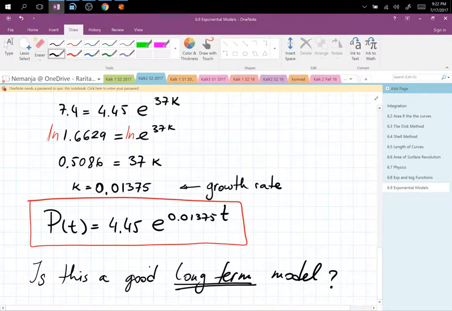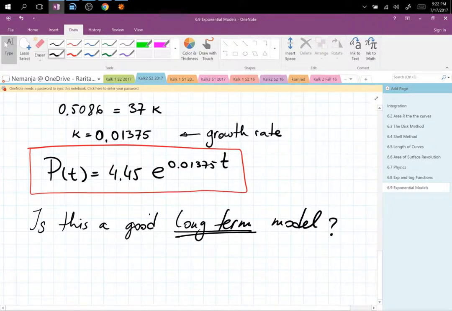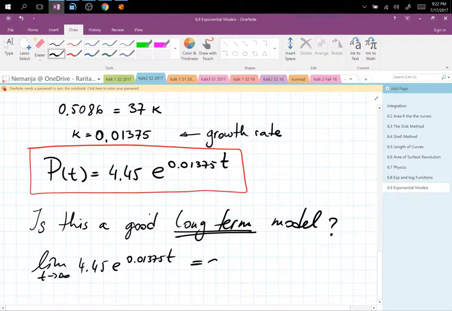And the answer to that is hell no. Because the limit, as time goes to infinity, of 4.45 e to the 0.01375 t is equal to infinity, telling us that if you wait for a long time, there will be infinitely many people on the planet. No, they won't, right? So, no, it is not a good long term, but it's okay on a short term. You know, go back 20 years, go forward 30, 40, 50 years. The model is going to be fairly accurate.